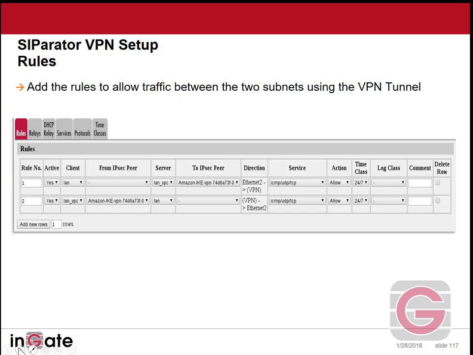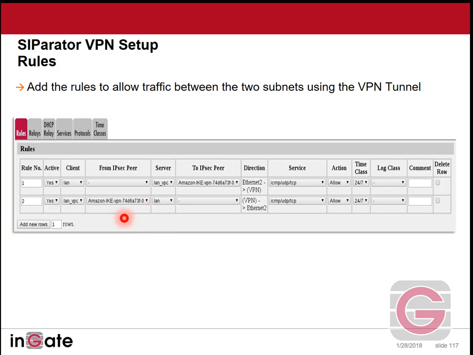The reason for creating them is that if you are using the SIParator as a firewall in firewall mode, you need to add a couple of rules to allow the traffic moving back and forth through the VPN.